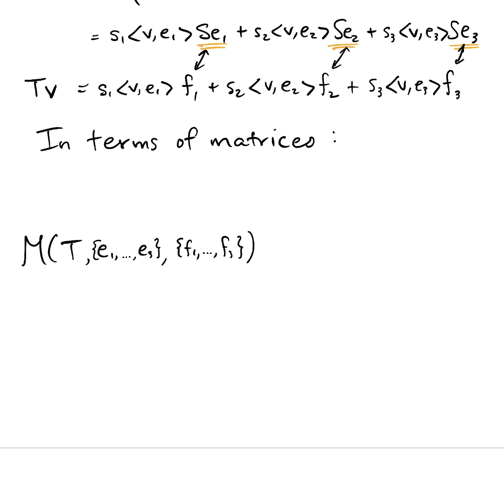Normally, when we try to write down the matrix for an operator, we think of the basis on the domain side of the picture and the range side of the picture as matching, but you don't have to.